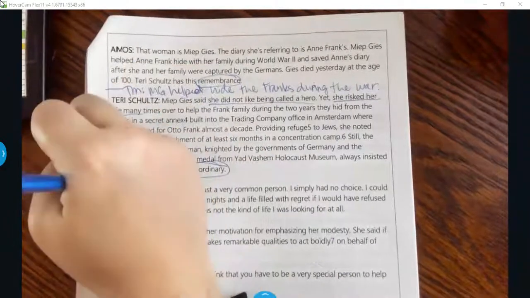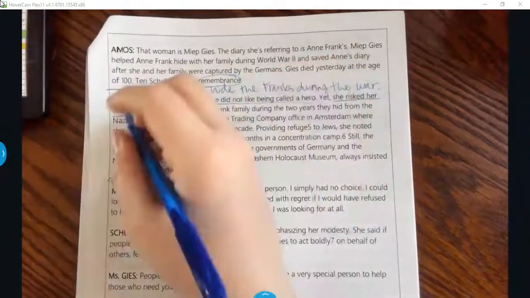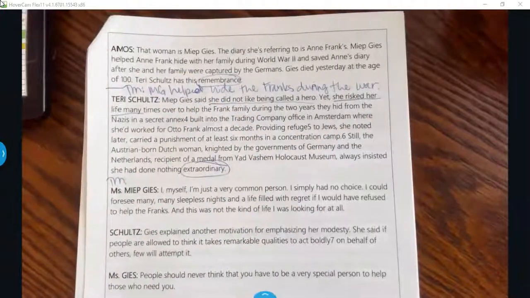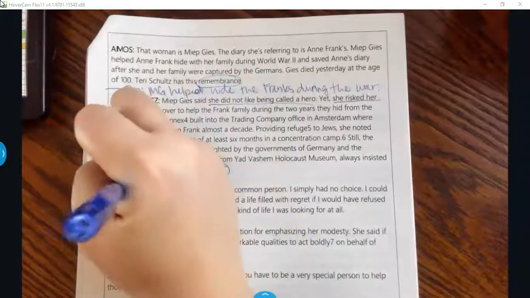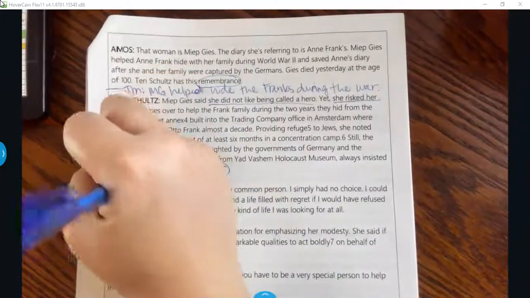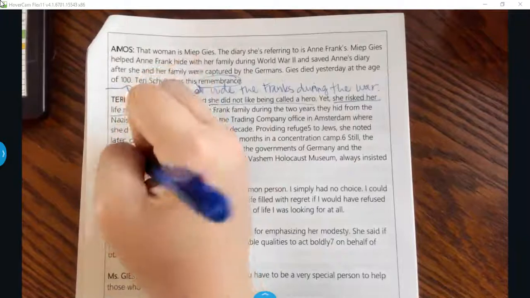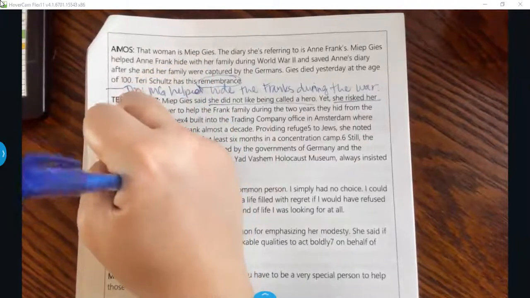So right here, the author is teaching me, and I'm going to use these underlined sections that I just read to help me come up with an annotation. Okay, she's saying that she did not act like a hero, or that she did not feel like she was a hero, but we think that she acted like one.